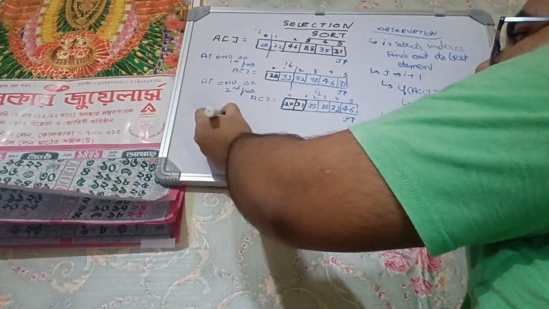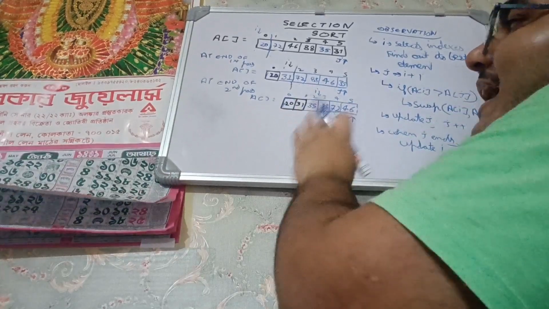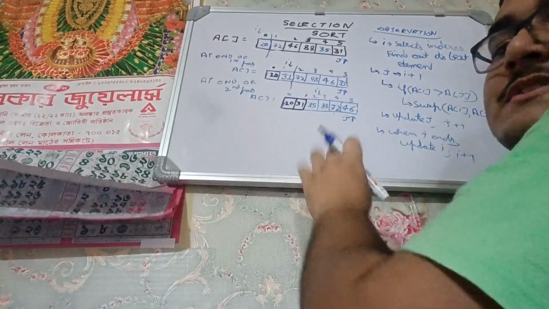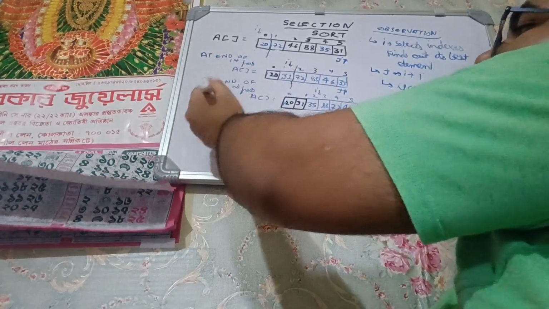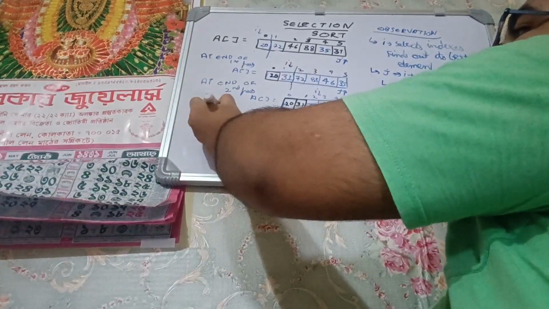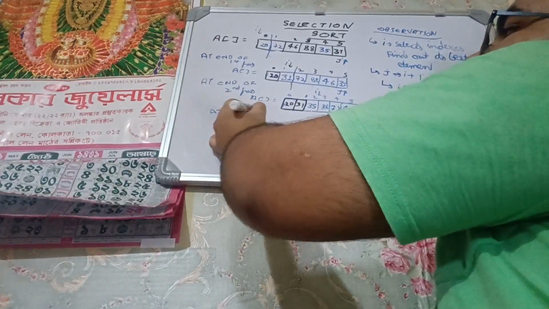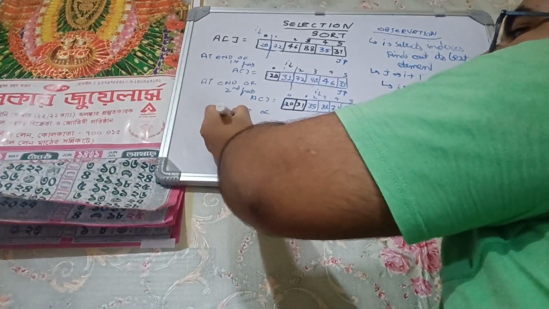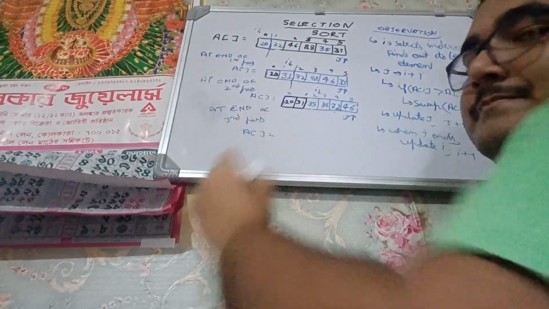And this is the end of third pass, right? Third pass, because at the end of second pass we had another sort from this array. Okay, so at the end of third pass, we are left with this. Fine.